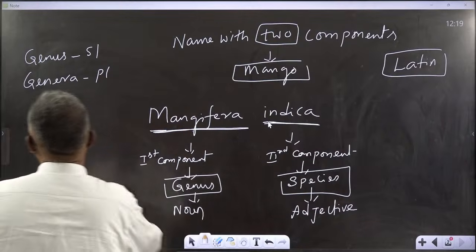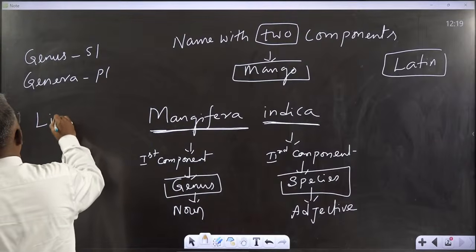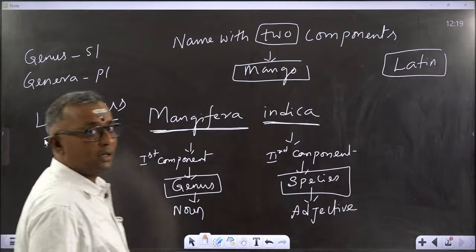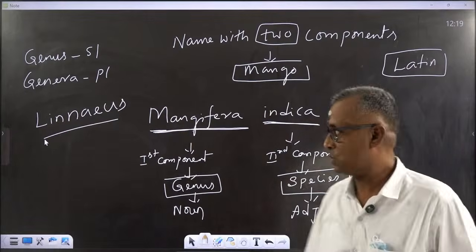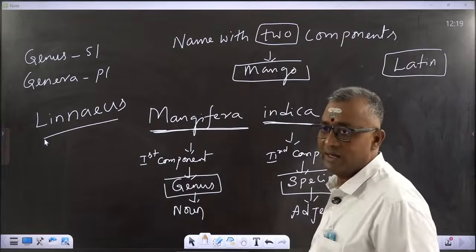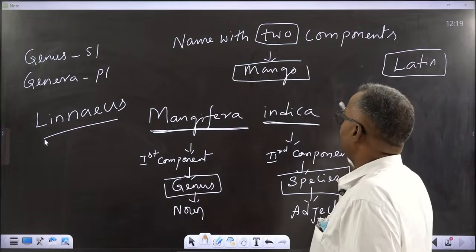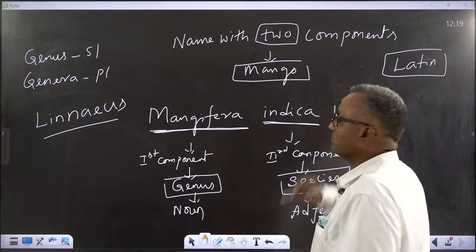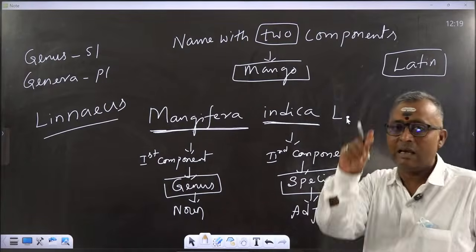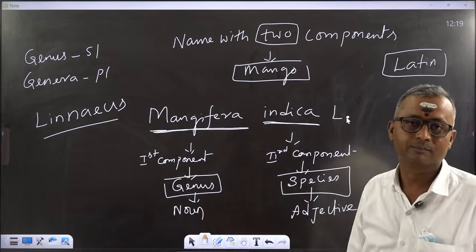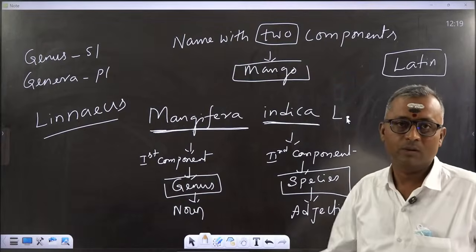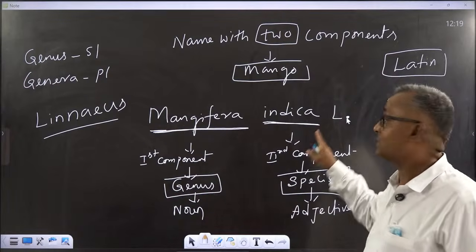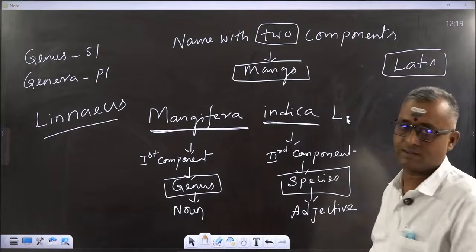For example, Mangifera indica was described by Linnaeus, so the name of Linnaeus is mentioned at the end in abbreviated form, simply as L. Understood? This L indicates Linnaeus.